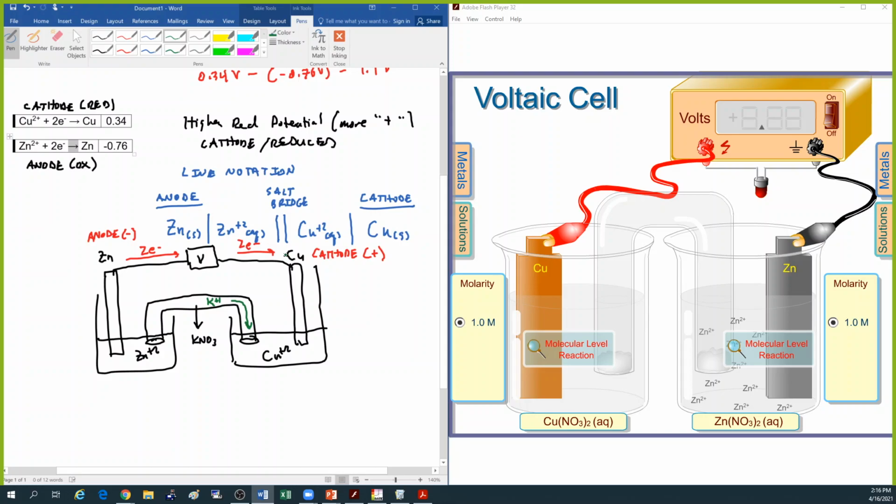Because if negative charge is flowing in here, positive charge has to flow in the same direction to balance it. Otherwise, again, it would build up one kind of charge in the beaker. Meanwhile, where the negative charge is leaving from, the negative ions in the salt bridge have to go in to replace them. So you should be able to discuss the flow of the ions in the salt bridge as well.